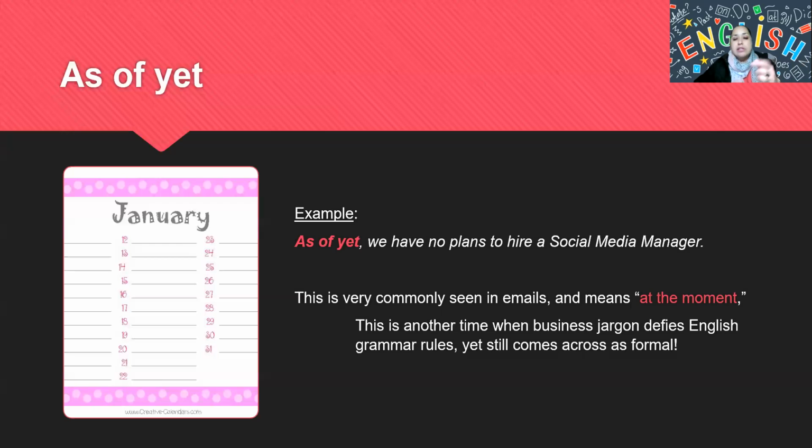And that's what it means. This is another time when business jargon defies English grammar rules. It goes against the grammar rules, yet still comes across as formal. You will find it in a formal meeting, in a formal job meeting, that people will say that.